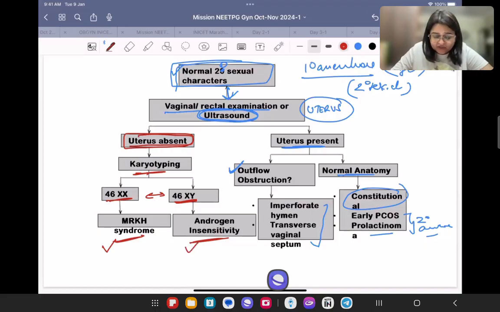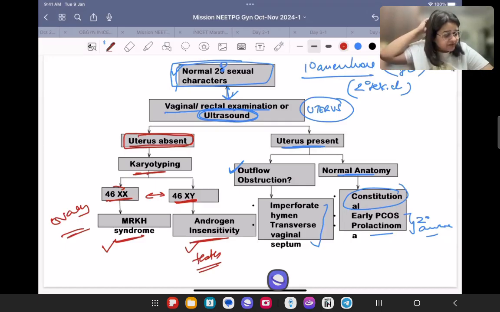ठीक है. MRKH और AIS दोनों में यूट्रस एब्सेंट होगा. MRKH में the gonad is the ovary, AIS में the gonad is the testes. So most of the times we do a karyotype, but some questions I have seen, not in the exam, but other questions which have come, and there they have done a gonadal biopsy.